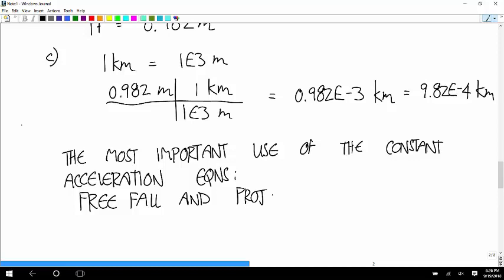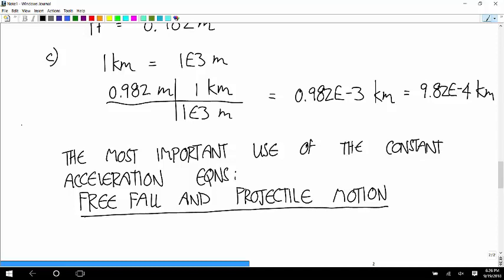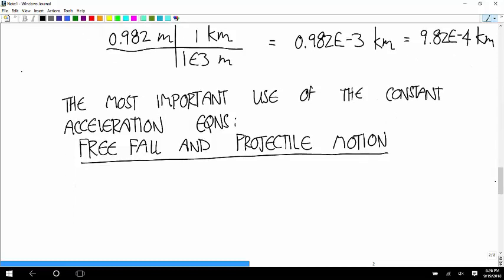I'm going to just from now on call free fall and projectile motion free fall. They really are the same thing. It just depends on what the initial velocity is. But the definition of free fall and projectile motion is an object that is only acted on by one force.